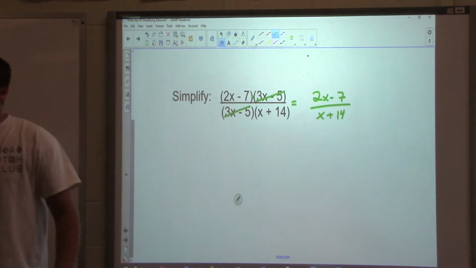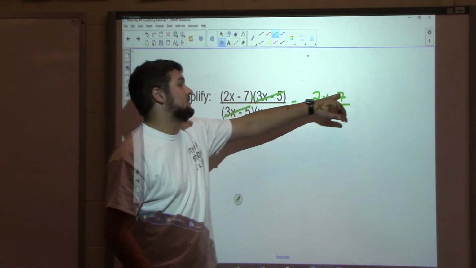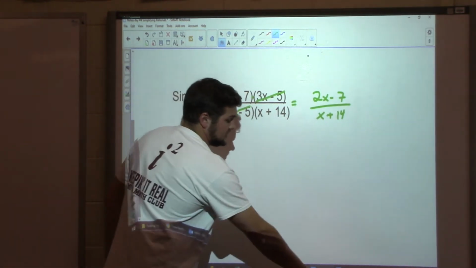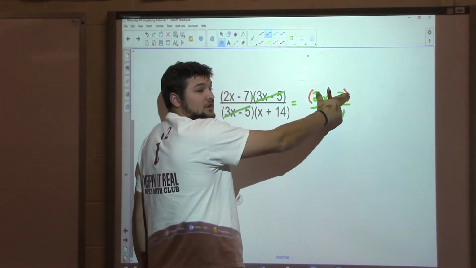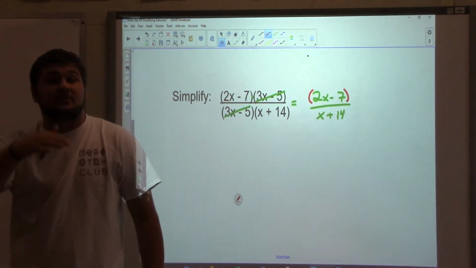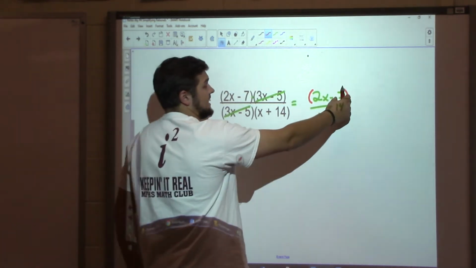Can I simplify anything else in this equation? No. Right? You cannot simplify that 7 over 14. Right? We just said we can't have that subtraction next to it. This is one whole term up here. If I plug a number in for x, that turns into one number. Right? So I can't simplify just the 7 away from it.